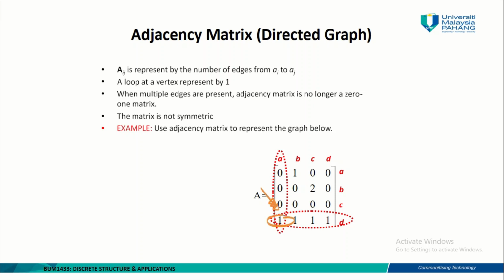So let's see for D to A. We can see here that it has 1.